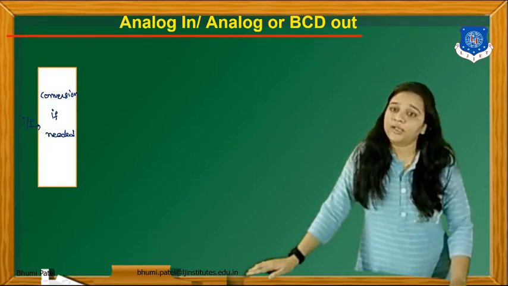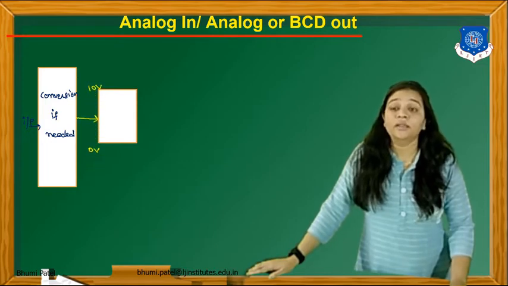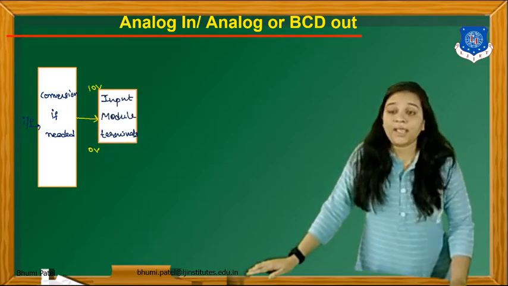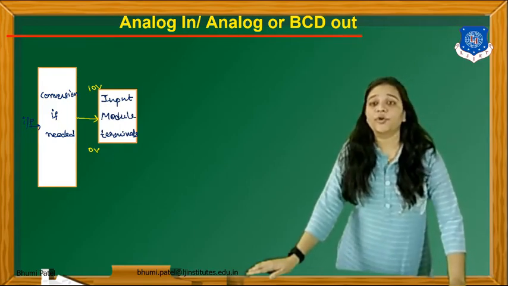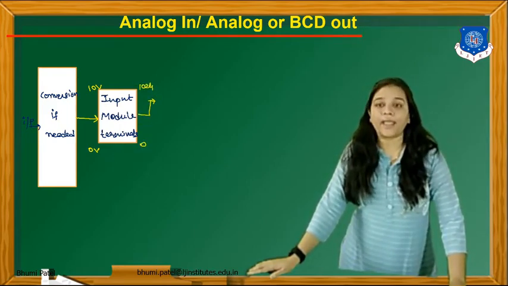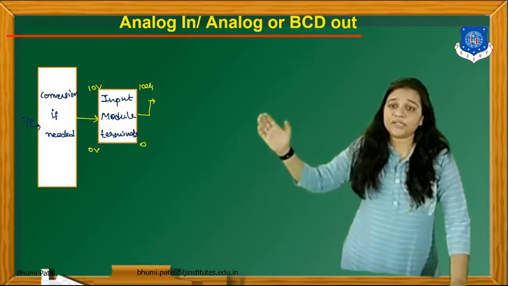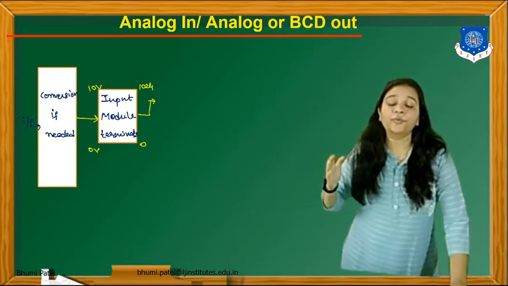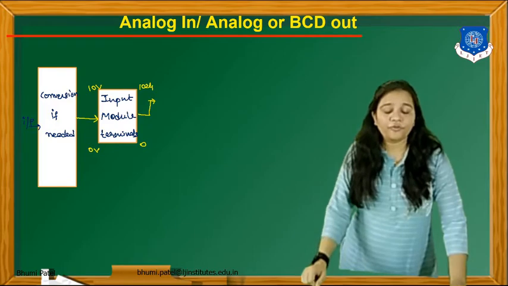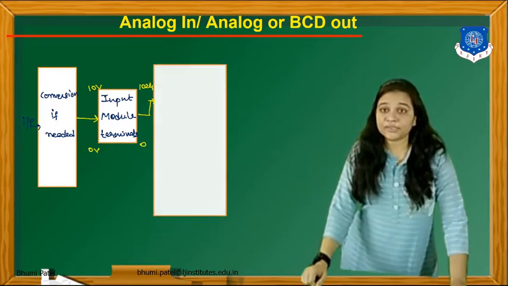So if conversion is needed, this input is given to the input module terminals and the range will be 0 to 10 volts. After that, we have to convert this 0 to 10 volts into 0 to 1024 using the analog signal processing.